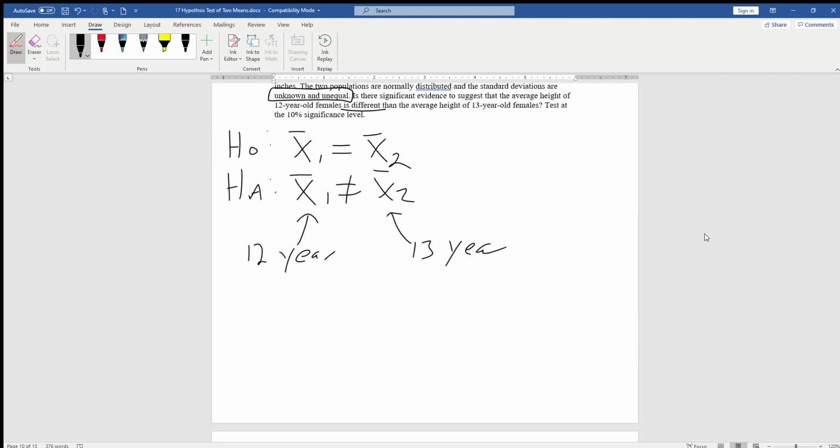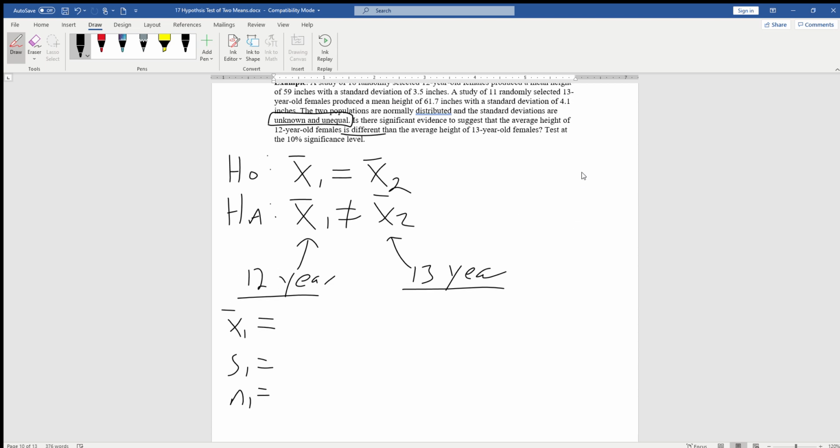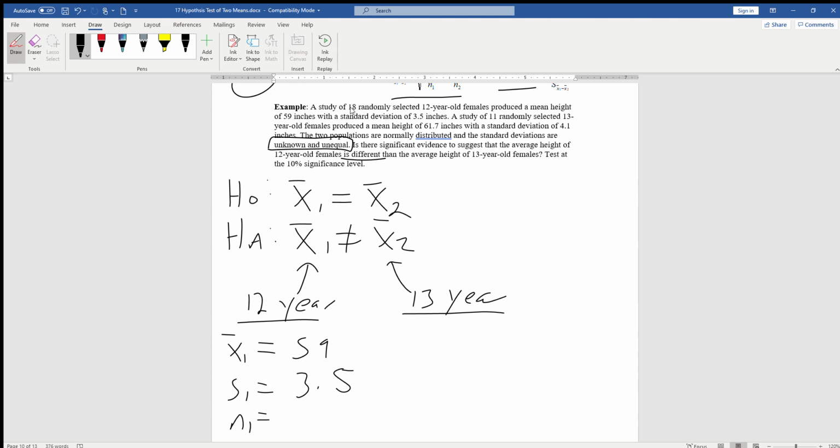We're going to collect some variables. We have our 12-year-olds and our 13-year-olds, and we're going to collect almost all of the same: x bar 1, s1, and n1 to start. The average height of the 12-year-old females is 59 inches, the standard deviation is 3.5 inches, and the number of observations was 18.